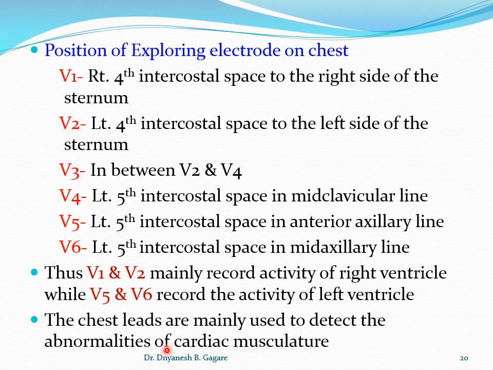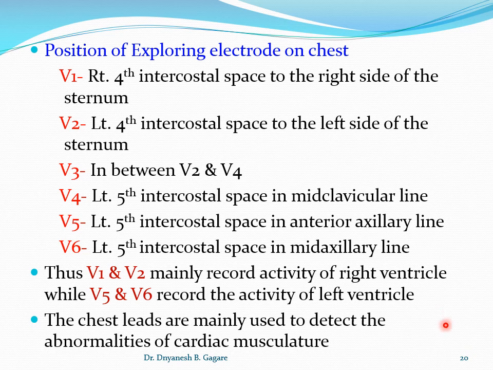If any problem is there, for example myocardial infarction, that can be detected. If it is in the left ventricle, then we can see mainly the waves under V5 and V6, and if the problem is in the right ventricle, then we can see mainly the ECG under V1 and V3. Now I think you followed the chest leads.